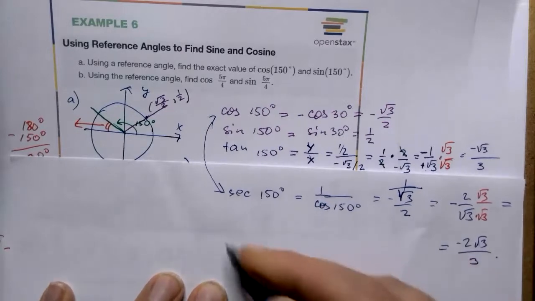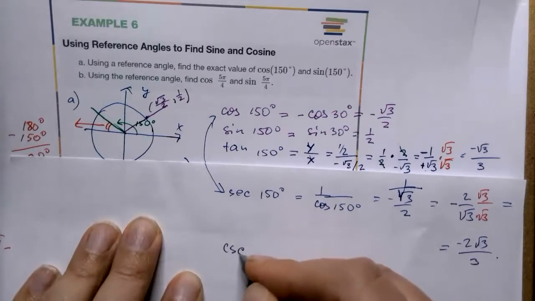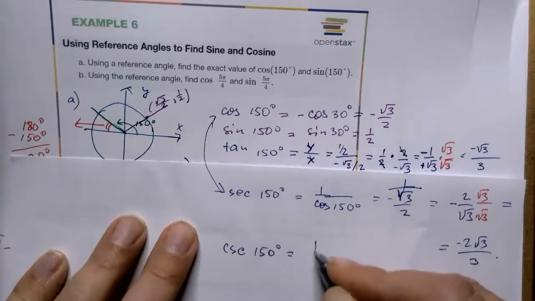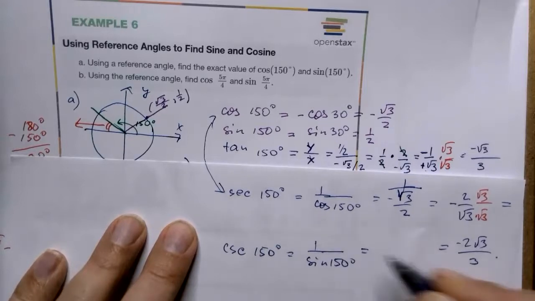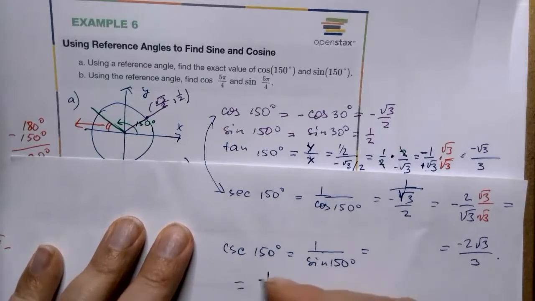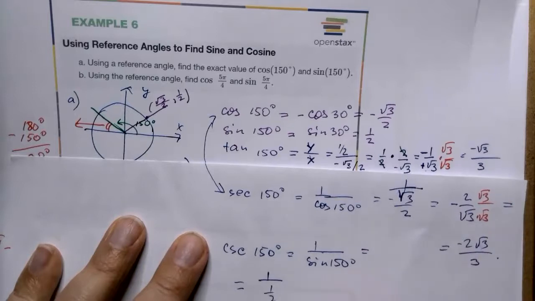Okay, so next, cosecant. Cosecant of 150 is 1 over sine. So this is going to be 1 divided by 1/2. So again, it's a flip, 2 over 1. So that's just 2.